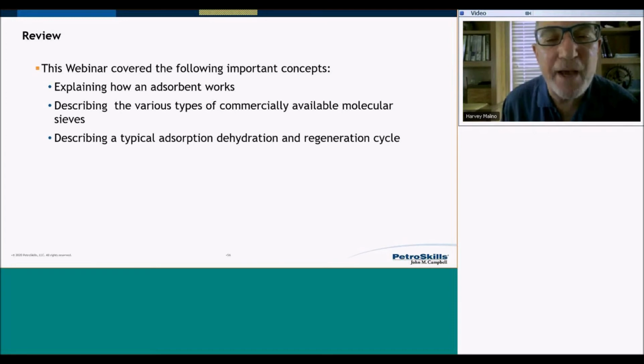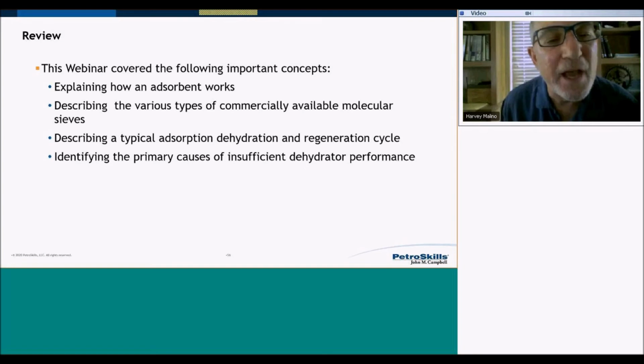We talked about and showed a typical dehydration, adsorption, and regeneration cycle for both a 2-bed system and a 3-bed system. And we just ended the session by highlighting various things that could go wrong and cause your dehydrator performance to not meet specification.